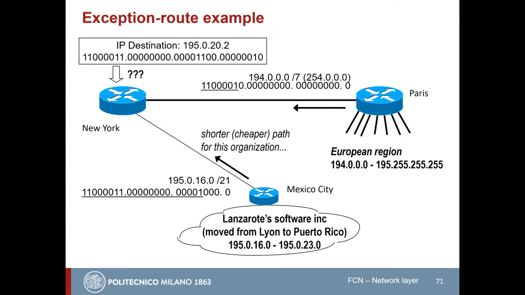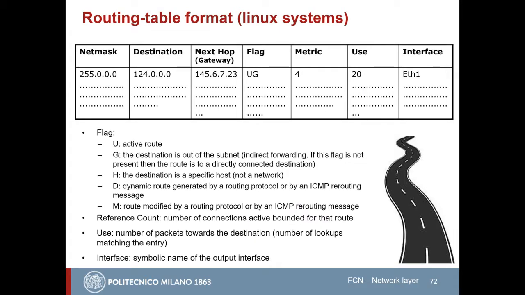Okay, this is the end of this. Here you have a routing table that you can find in Linux systems. Also, the hosts have routing tables. Okay, so if you have a PC, you can look into the routing table of the PC. It is all similar to the routing table that you may find in the router.